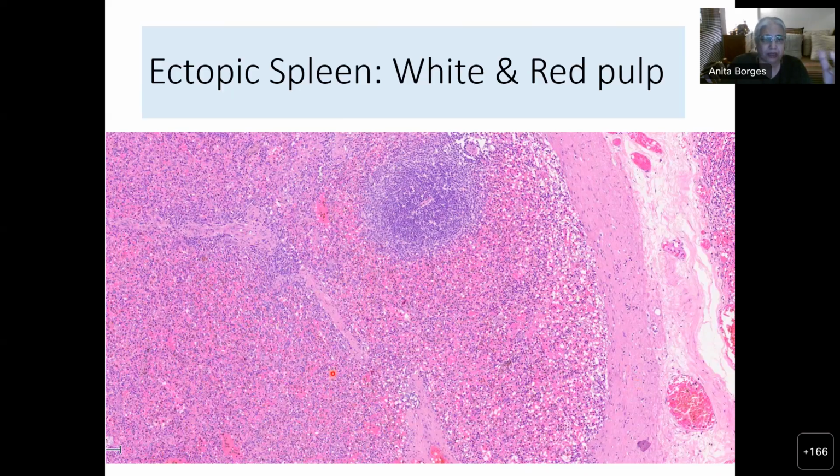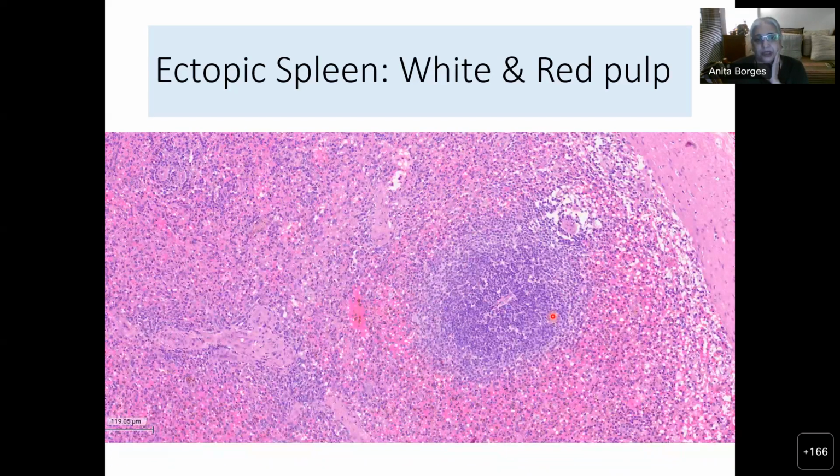And in the red pulp, yes, you see lots of lymphocytes. This is the arteriole, which has gone into this. It is an arteriole because it's a small vessel and it has a thick muscular wall. Excellent.